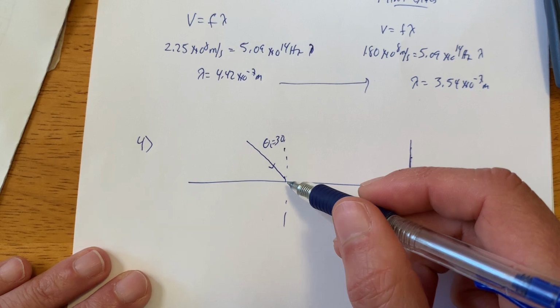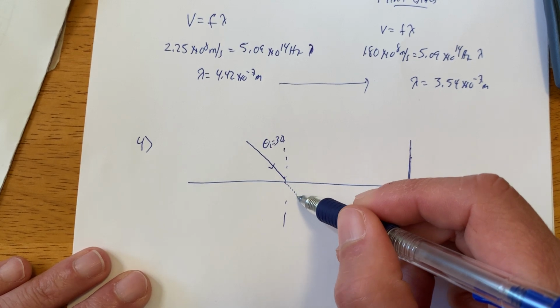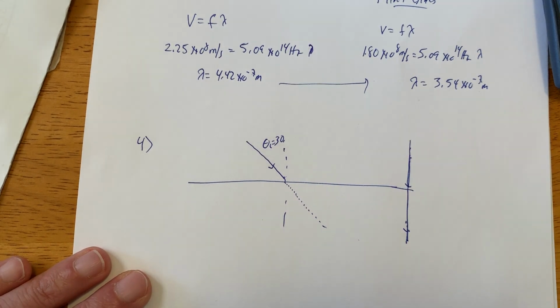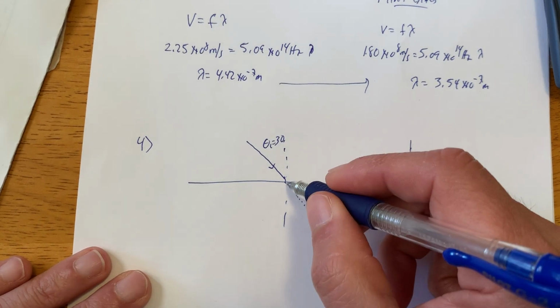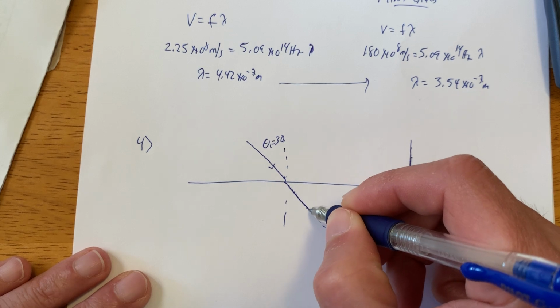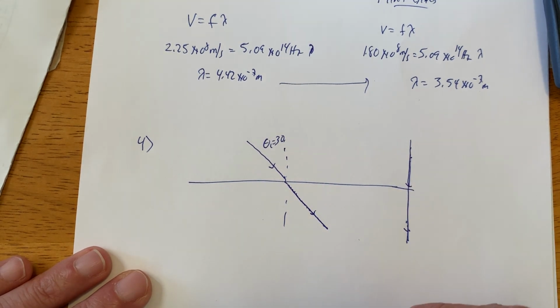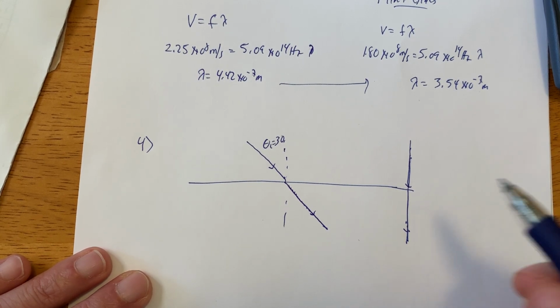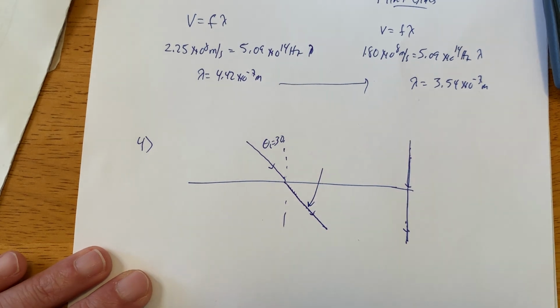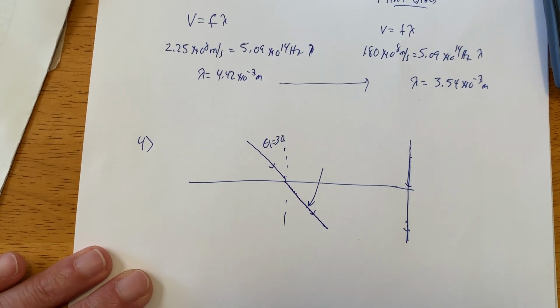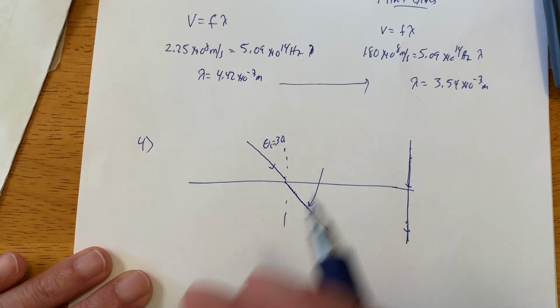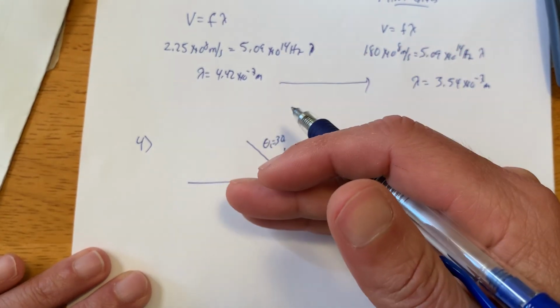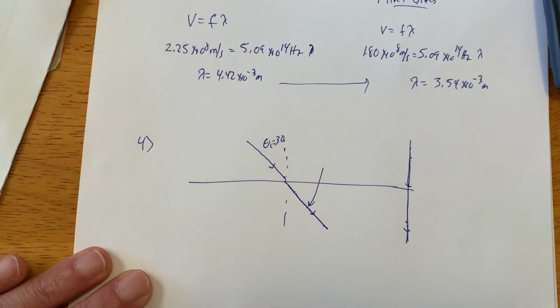I'm coming in and I'm changing speed. This is what a straight line would look like. I want you to think about it. Make a prediction. Do you think that this light is going to continue on a straight line? Or what else could it do? You tell me. Make a prediction. We're going to look at this ray tomorrow. What happens specifically to this ray of light when it goes from one medium to another and changes speed?